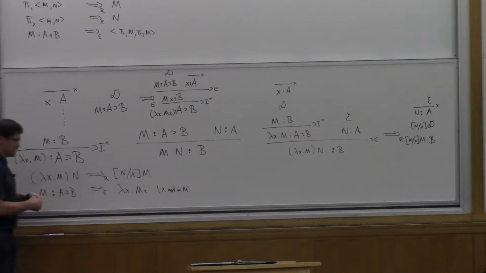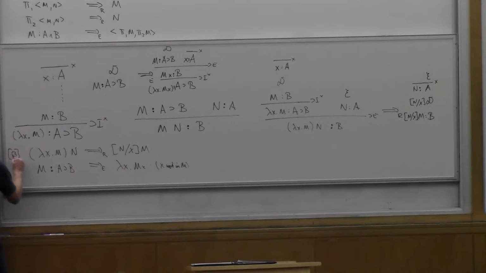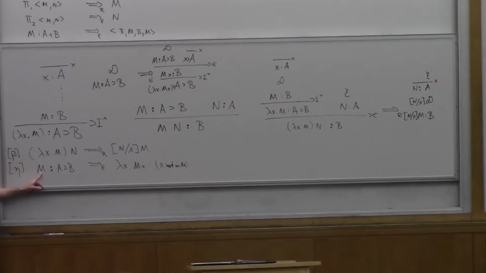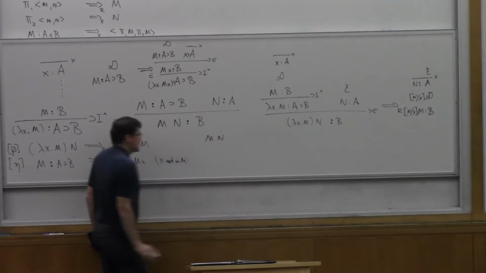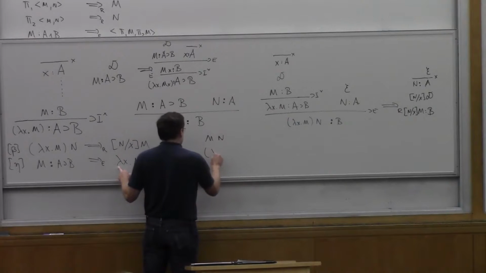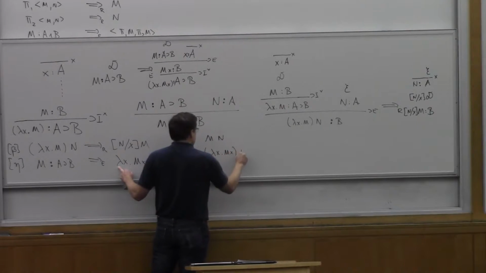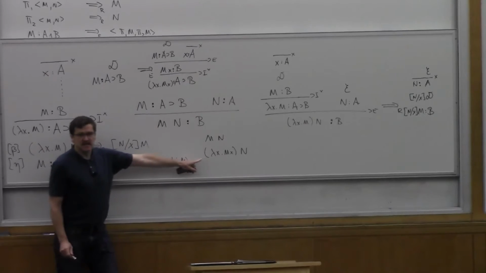Okay? So now we can compare these two. We often think of this rule, this is called beta usually, and this is called eta, when you write them as equalities. We can think about why these two should be equal if we think extensionally. Applying this to an arbitrary argument gives us M applied to N. If we apply the other to an arbitrary argument, we get lambda X, M applied to X, and then applied to N, right?